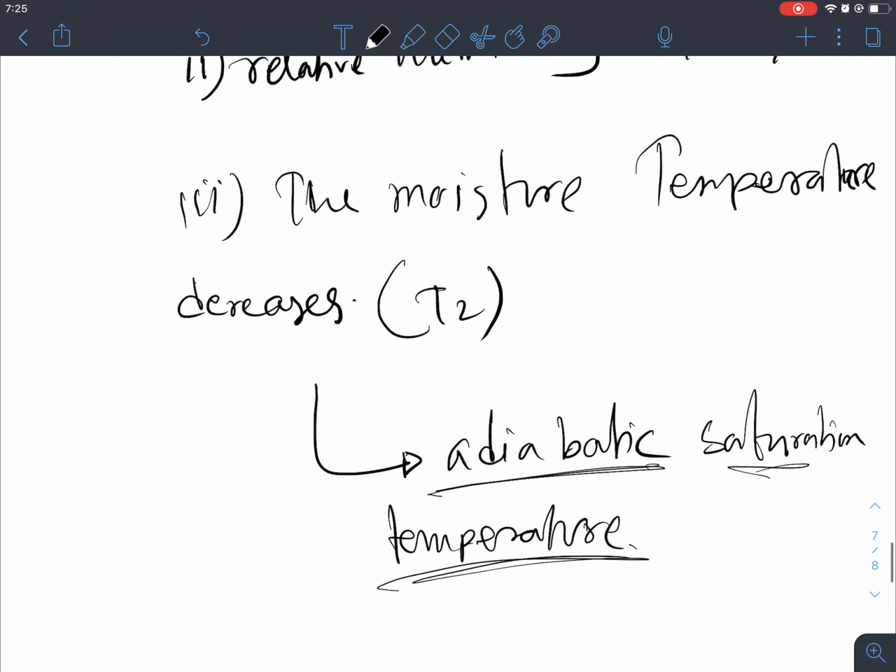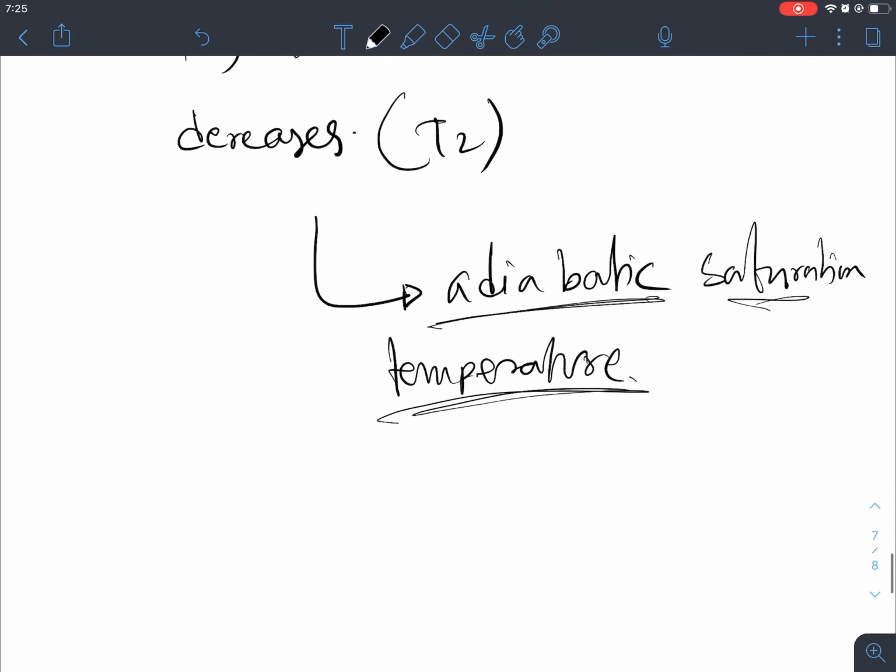That moisture content temperature is known as the adiabatic saturation temperature.